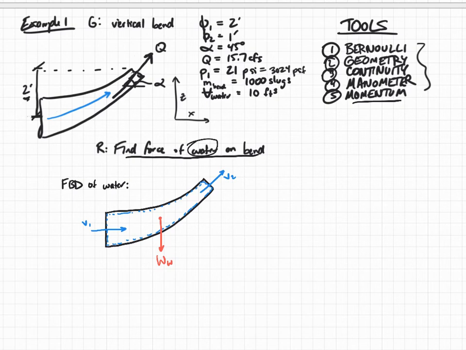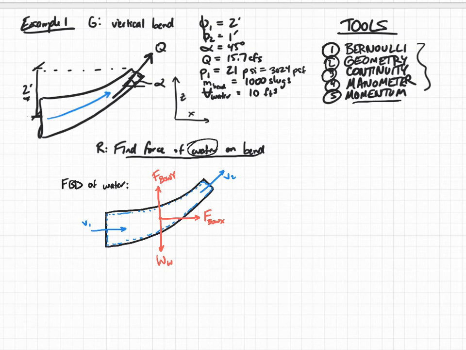We're just going to call those all force. I'll call this force bend on water in the x direction, Fbx, and this will be force Fby, bend on water in the y direction. So what we've done is all those other forces, ways the bend pushes on the water or pulls on the water or slows it down or whatever, are just encompassed into those F's.